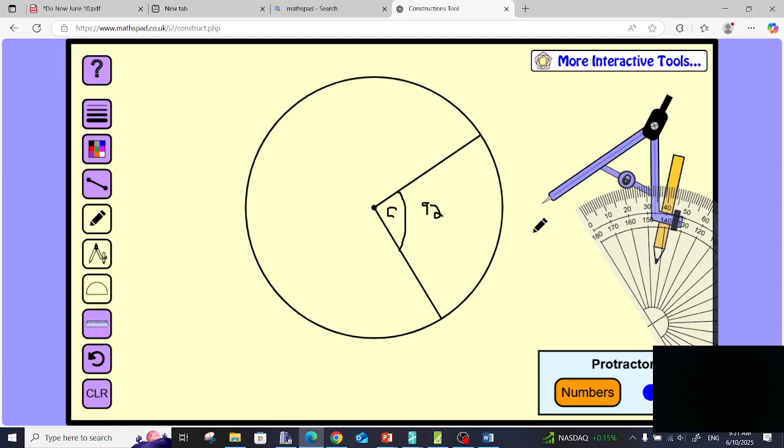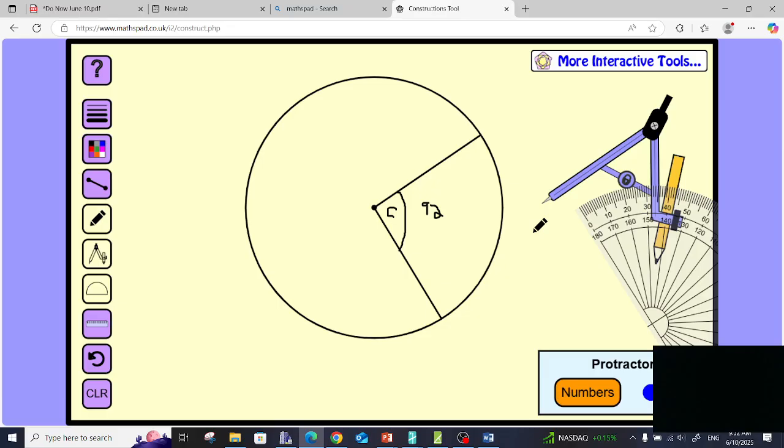The reason why it's called a central angle of a circle, right? What would happen if I kept drawing and met it all the way around?